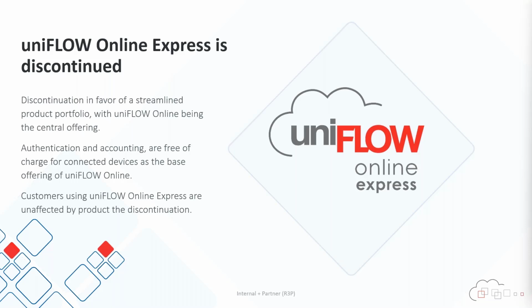Functionality-wise, authentication and accounting are free of charge for connected devices as the base offering for uniFLOW Online. Now, support for uniFLOW Online Express will continue until July 2029. So for those of you that have customers with this particular offering, it's just good to know.